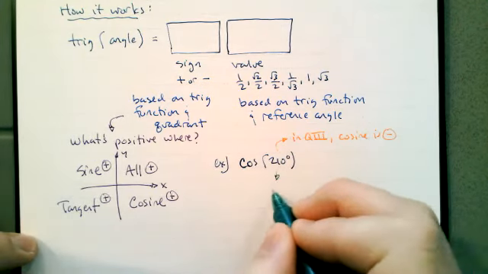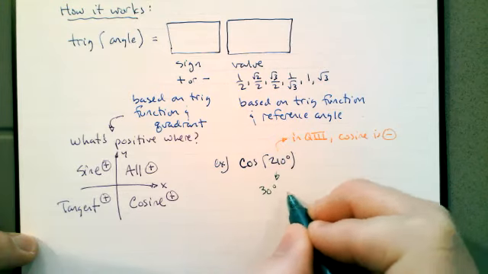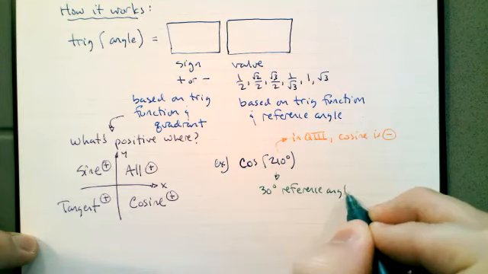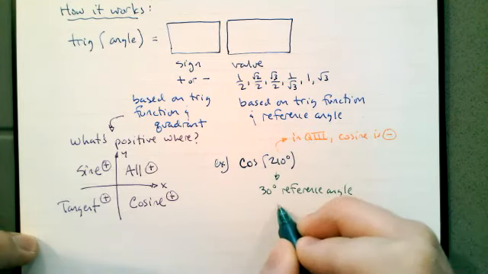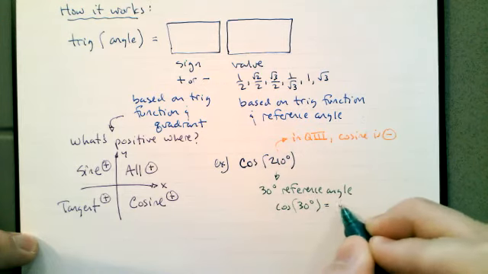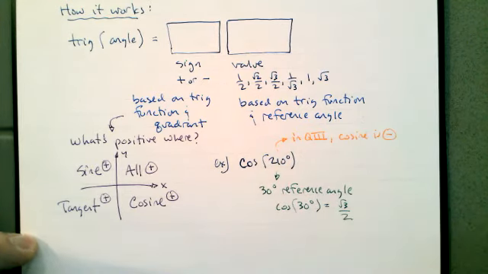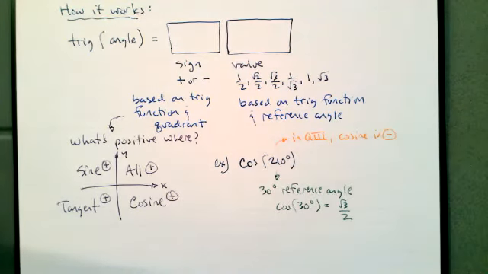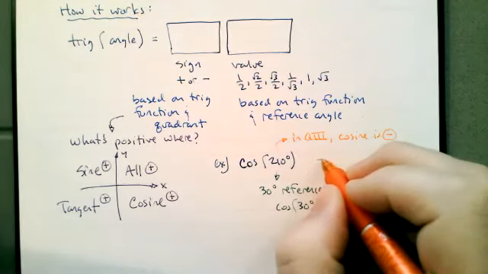210 is a 30-degree reference angle. And the cosine of 30 degrees is √3/2. So we get the positive and negative from the quadrant and the trig function. Cosine of 210 is negative.